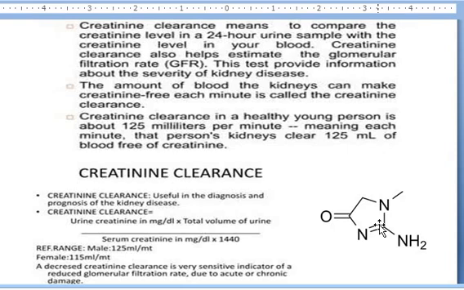By comparing the two, by placing in the calculation, creatinine clearance is equal to urine creatinine in milligrams per deciliter into total volume of the urine divided by serum or plasma creatinine in milligrams per deciliter into 1440. It will give the clearance value. The normal range is equal to 125 ml per minute for a normal healthy person.